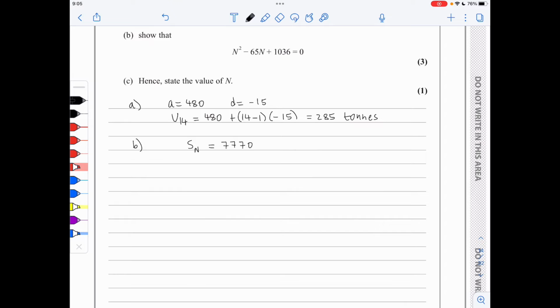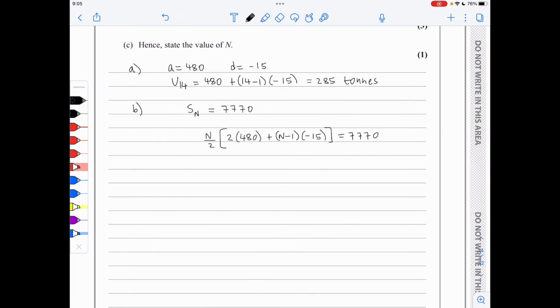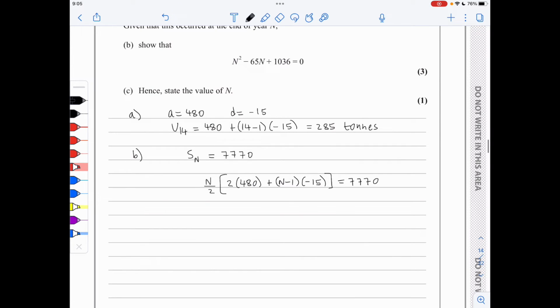We know the formula is n over 2 times (2a plus (n minus 1)d), and this is 7,770. Notice I'm using capital N, not small n, because the question is asking for the value of capital N.